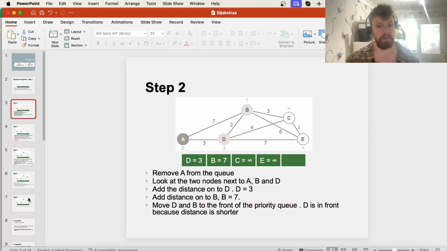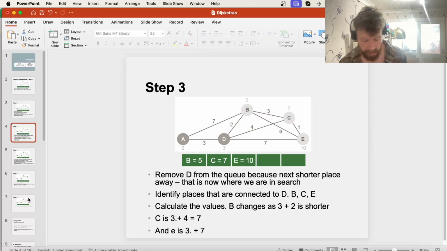One of the things I should say is, if you find a shorter route, there's nothing wrong with that. The examiner on the mark scheme actually wants to see that you've crossed out the longer value, and then said this is the shorter route. So in the case of when we changed B, the initial one was 7, wasn't it?